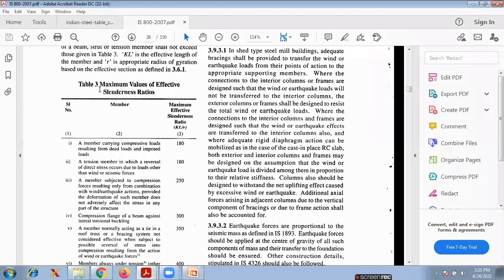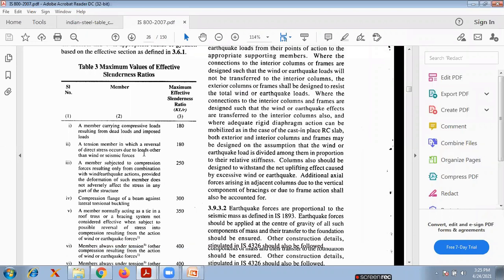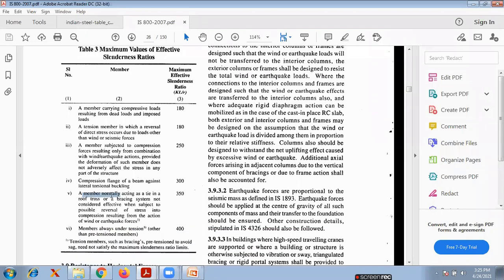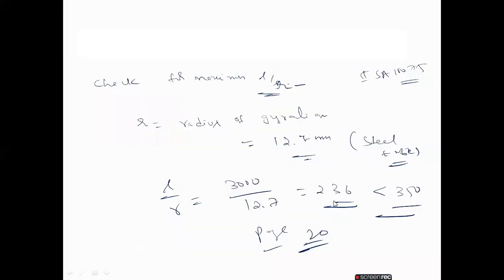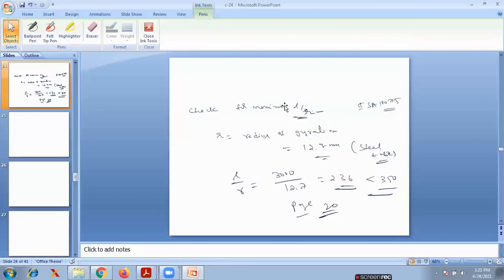Table 3 gives the maximum value of effective slenderness ratio. The condition here is a member normally acting as a tie in a roof truss or a bracing system, not considered effective when subjected to possible reversal of stress into compression. So the L by r value should be less than 350. We got 236 here. So this is the problem of a single angle section tension member. Thank you.